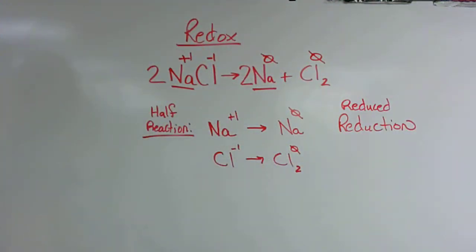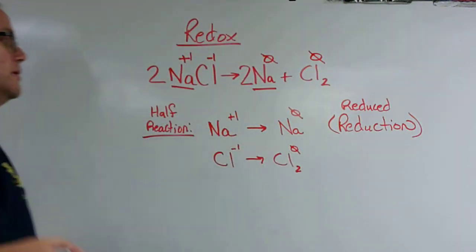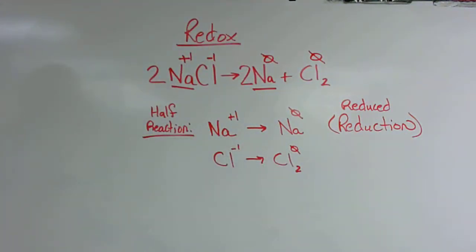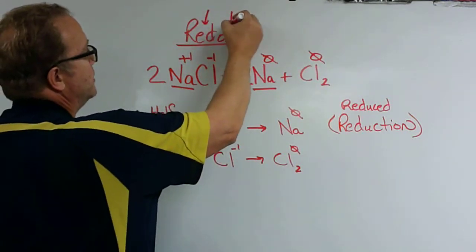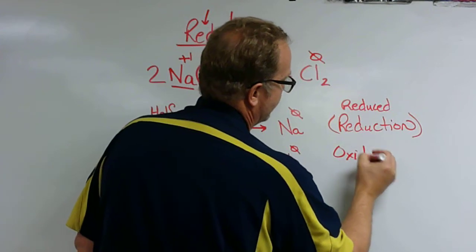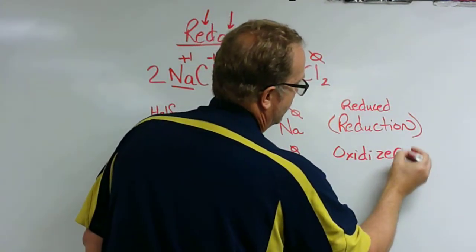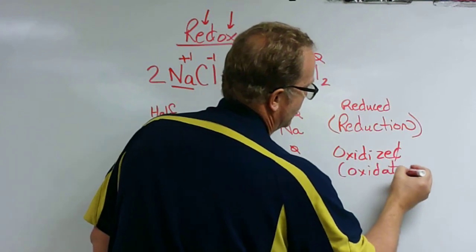These are going to be the same terms. Which would mean that my other one is going to have an OX there, and this one is called oxidized, or it's also referred to as oxidation.